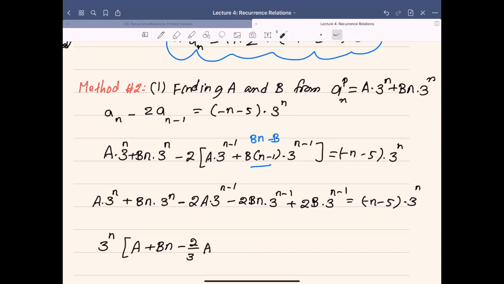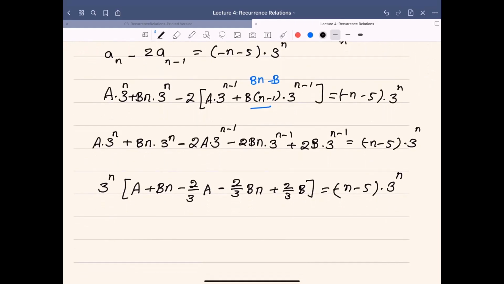It will be minus 2 over 3 A, minus 2 over 3 Bn plus 2 over 3 B, equal to minus n minus 5 times 3 raised to power n. You can cancel both of these. So this is the equation we have on the right hand side.